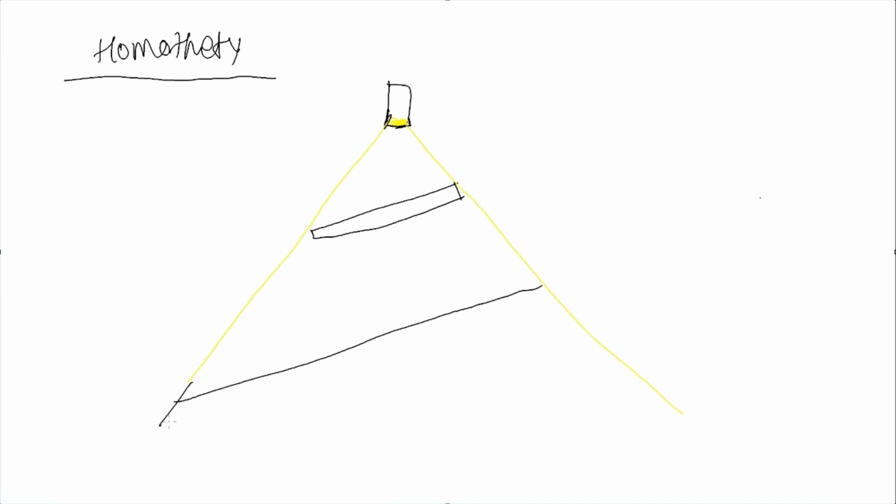Suppose that you have a light here. Sorry for this bad drawing, by the way. And suppose we shine it on an object, like a stick. If we shine this light onto the ground, then we end up getting another stick, one that's even bigger.